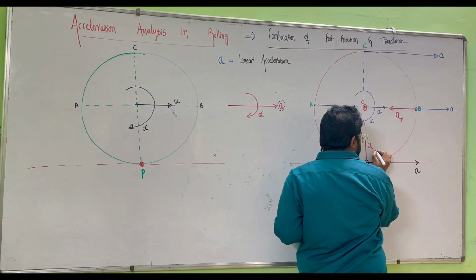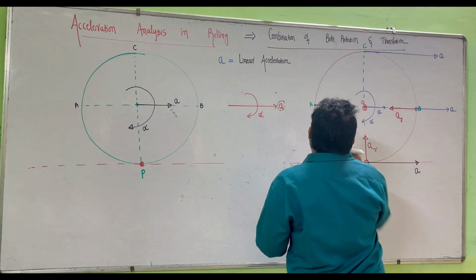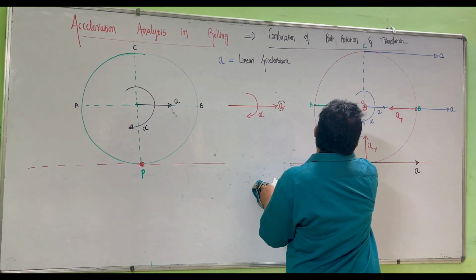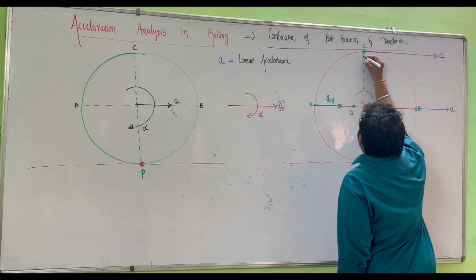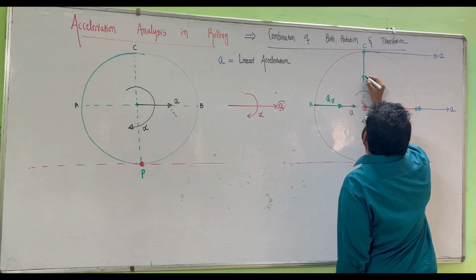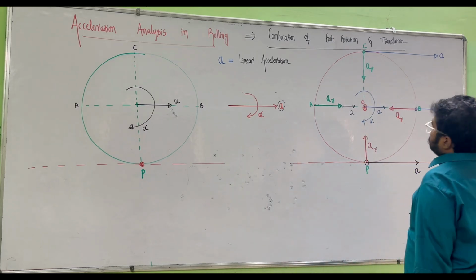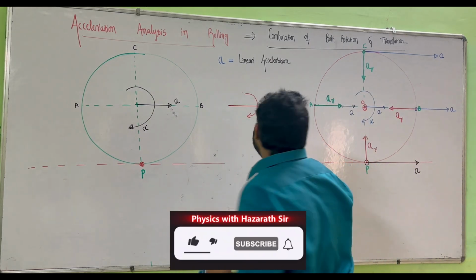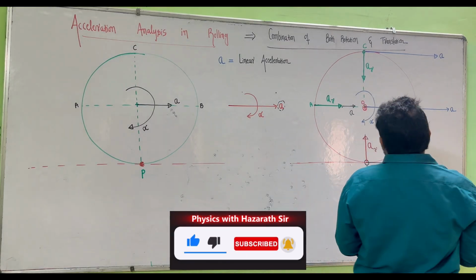Radial acceleration always acts towards the center of rotation of the body, the center of circular motion. It always acts towards the center.